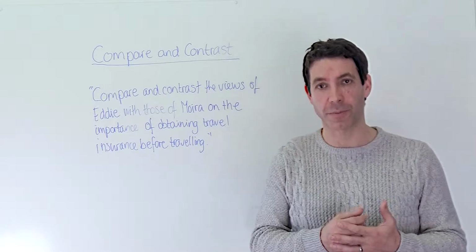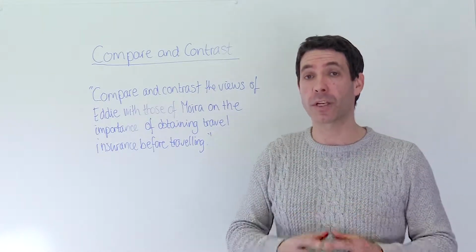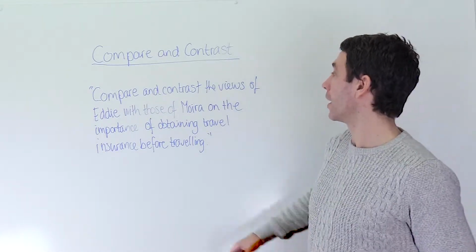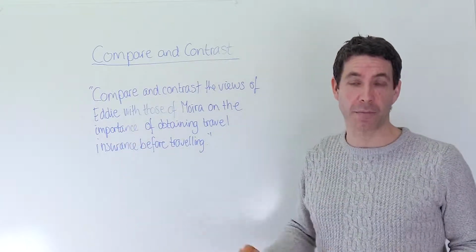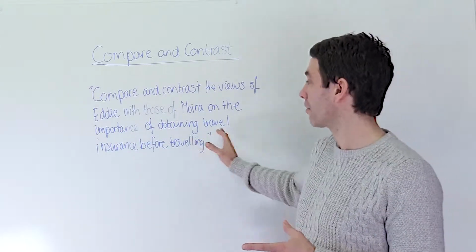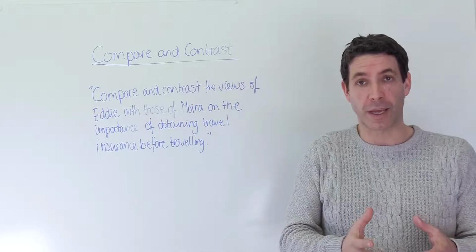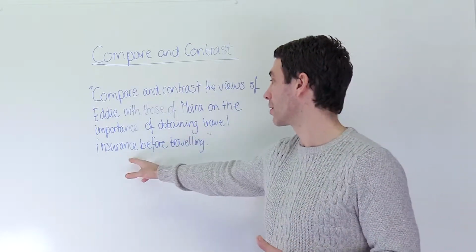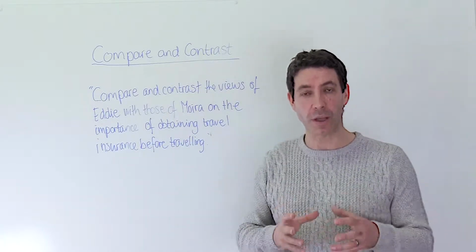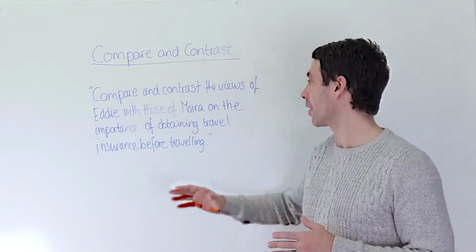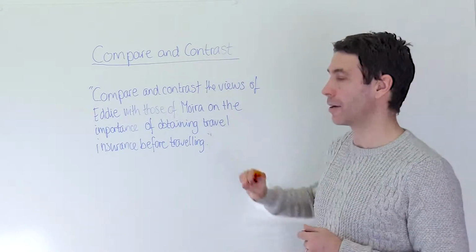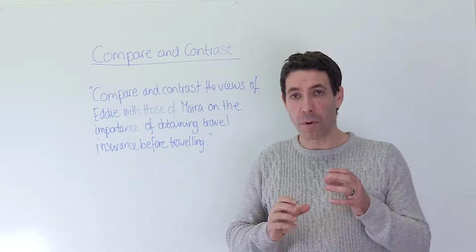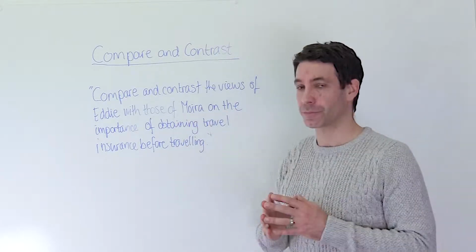We want to find out specific information, and the keywords we'd be looking for there would be importance, perhaps, or importance of obtaining travel insurance, or we'd be scanning for the words travel insurance and travelling. So we'd be looking through the text in order to find these keywords, both for Eddie and for Moira.